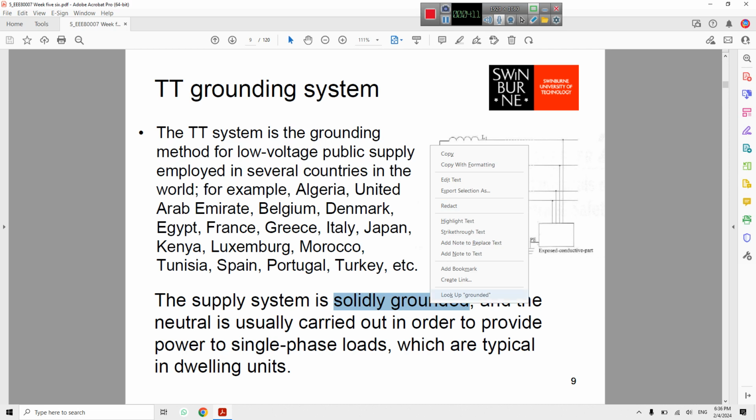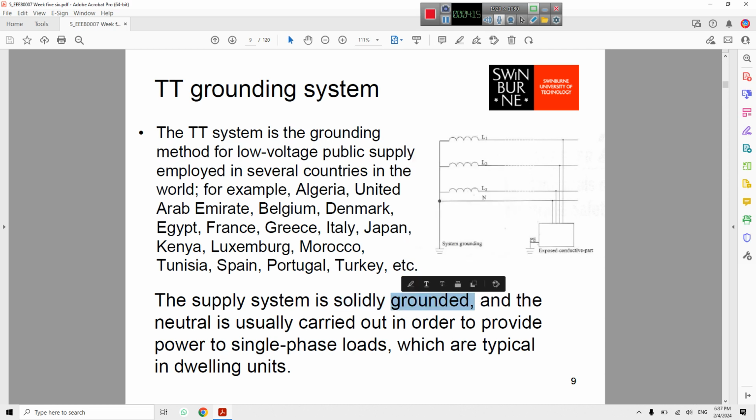How can I make it? Here it is solidly grounded, and neutral is usually carried in order to provide power to single phase loads. So why do we need neutral?